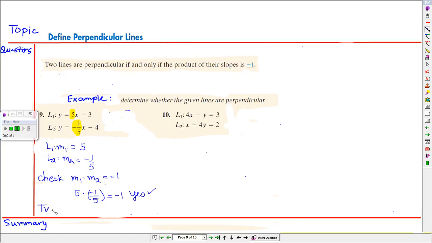I'm talking about the names of the lines. So we write right here: two lines L1 and L2 are perpendicular.